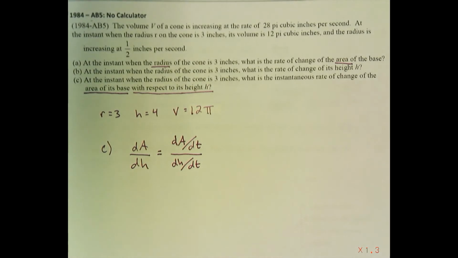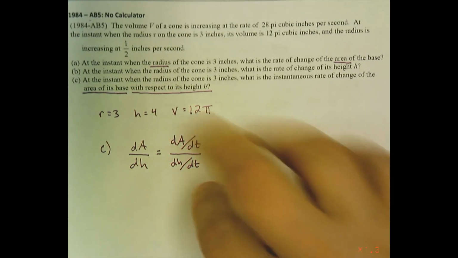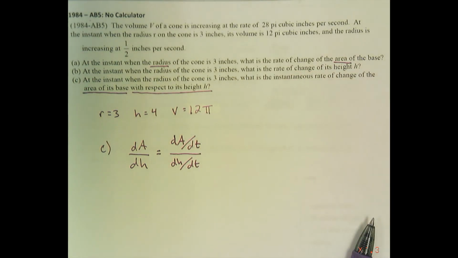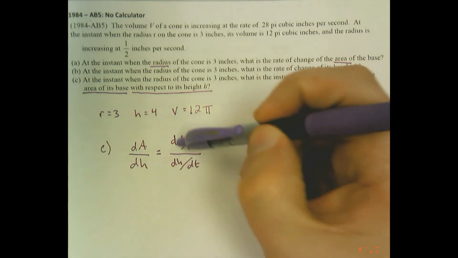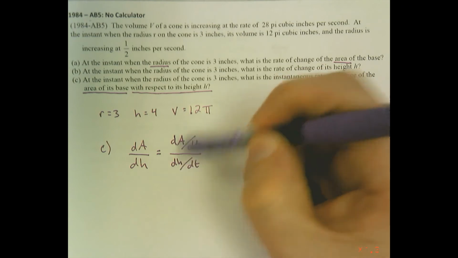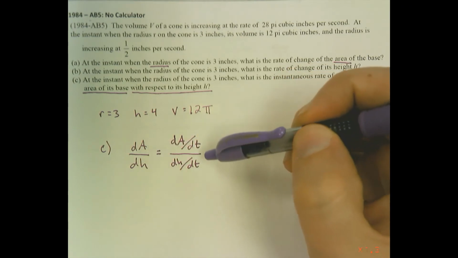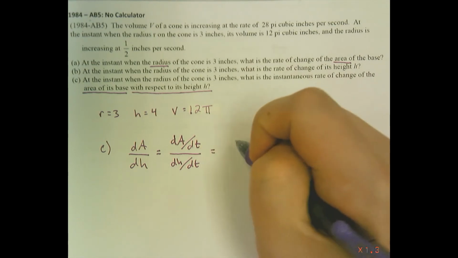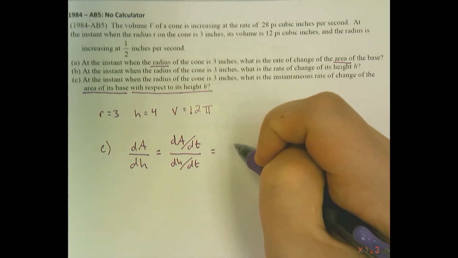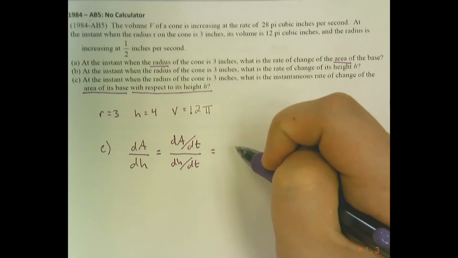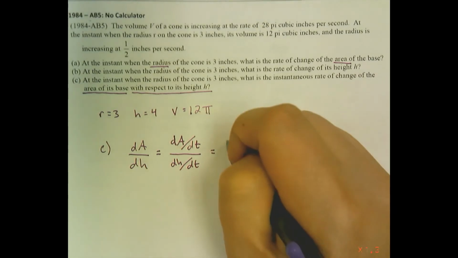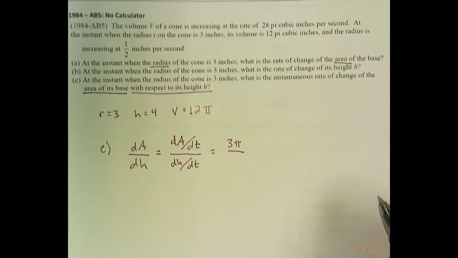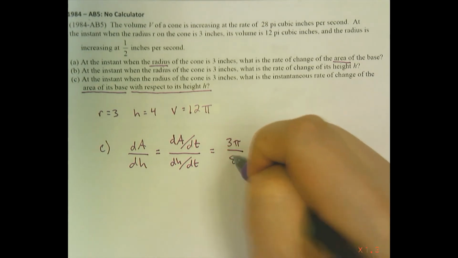Because the dt's would cancel. So that relationship is comparing these two in a very fluid way because we have found dA dt in part A, and our result in part A was, I forget, 3 pi? 3 pi? Yeah. And dH dt we found in part B, which was 8. And there's our answer.